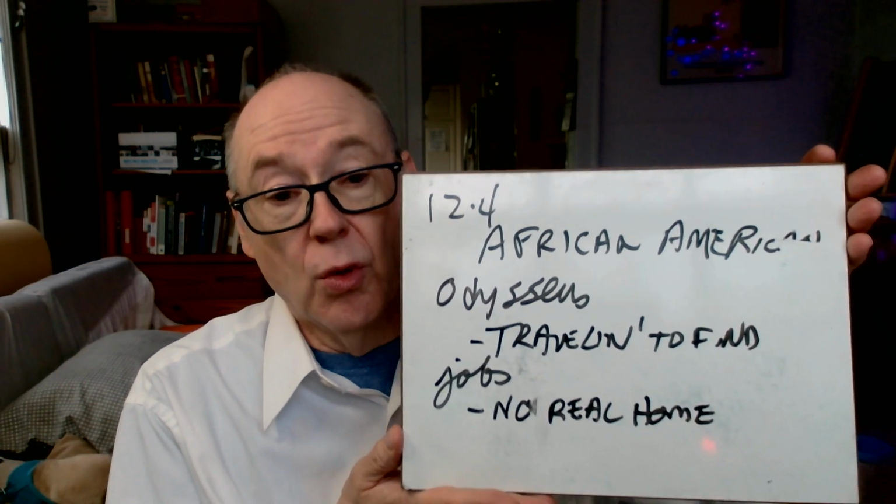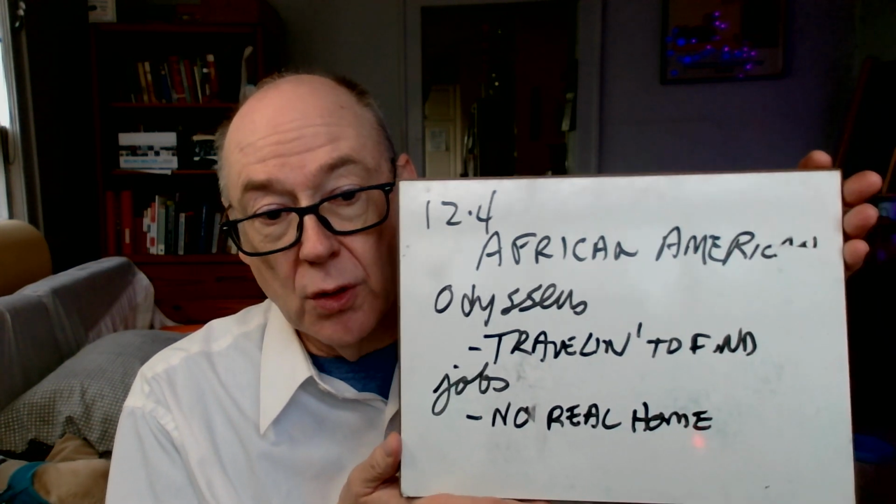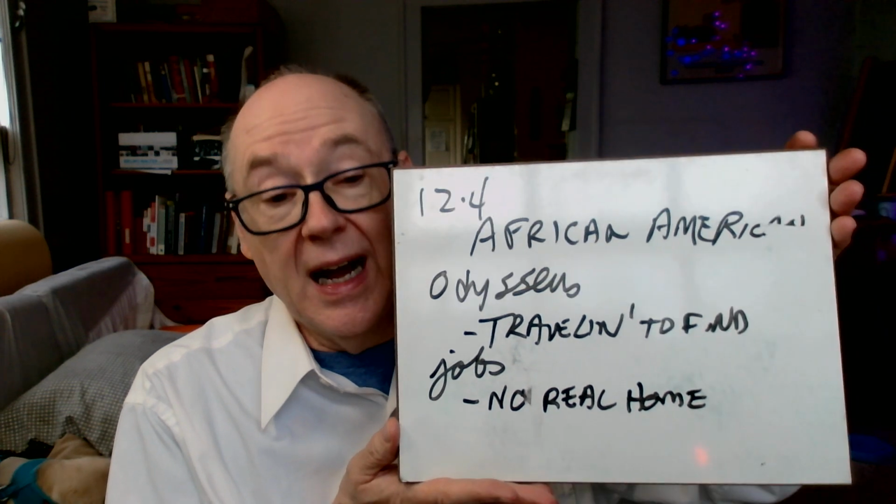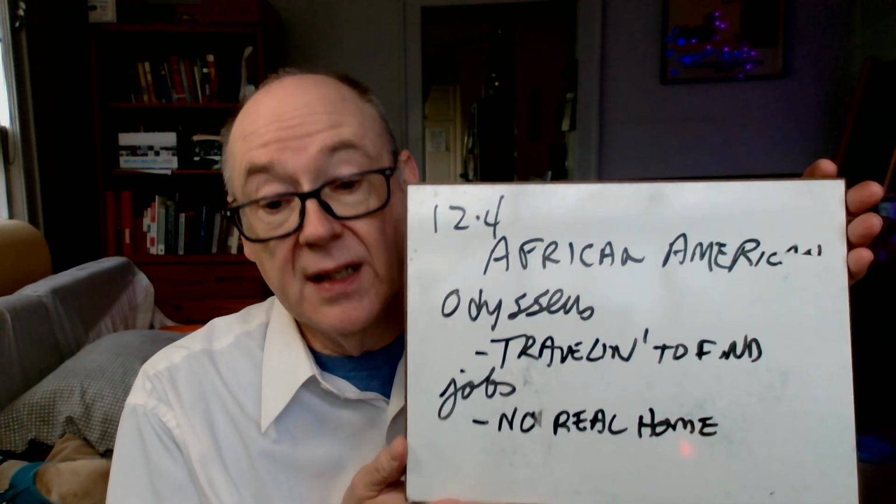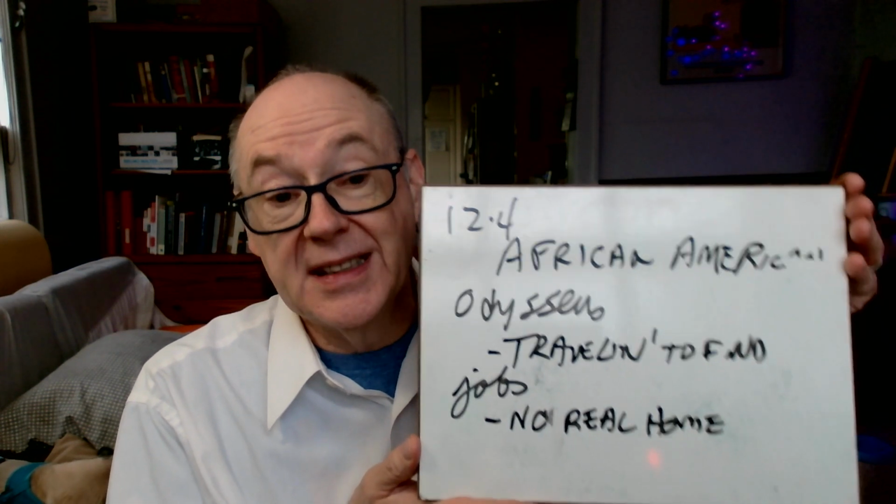But this is more referring to individual black males, and they're traveling to find work. And the point is, unlike Odysseus, who is traveling to get home, there's no real home for African American men, right? They're rambling men. They're men who are always on the go because there is no ultimate place for them because of the way society is set up.